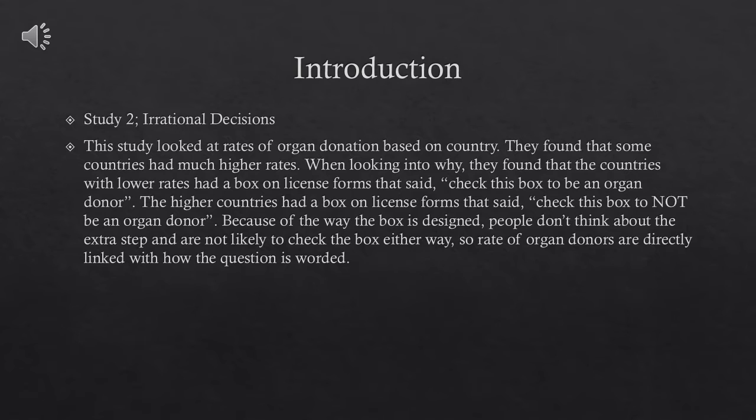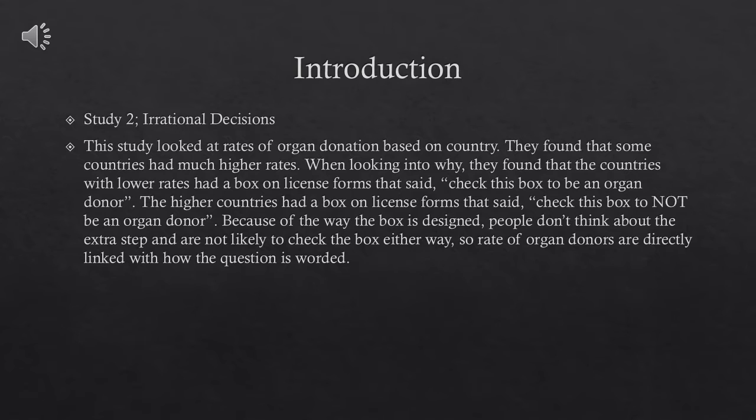So they found that countries that had lower rates of organ donors had a box on their license forms that said, check this box to be an organ donor. And the countries with higher rates of organ donation had the same thing, but instead of saying to check it if you wanted to be an organ donor, it says to check the box if you do not want to be an organ donor. So because people are kind of going fast, they're not really checking what extra steps there are.